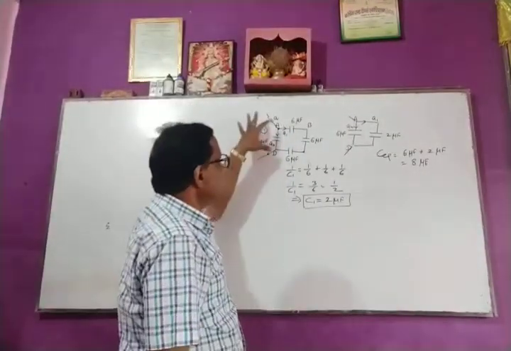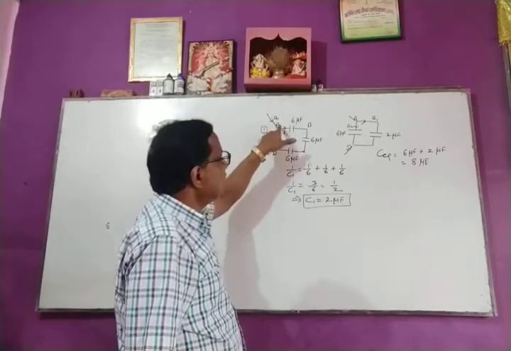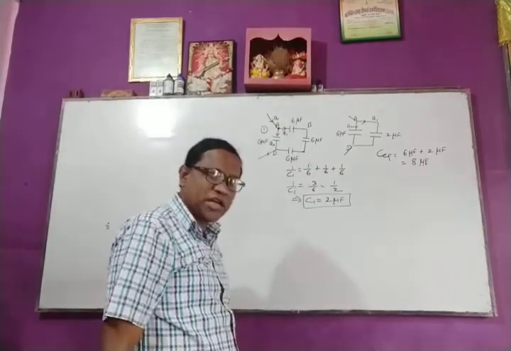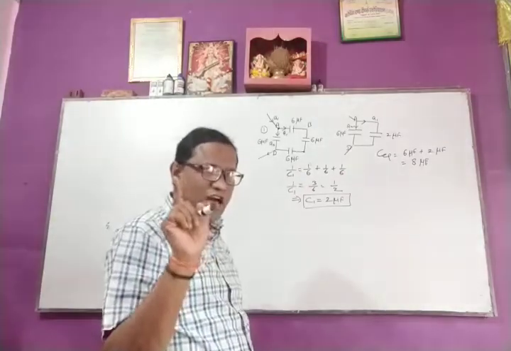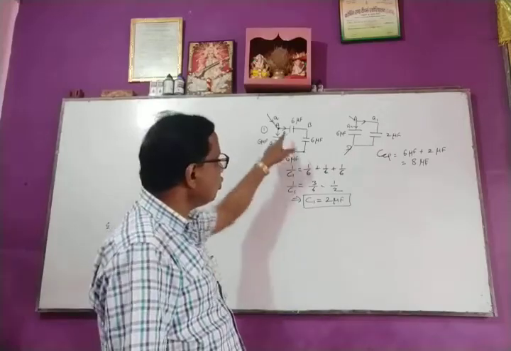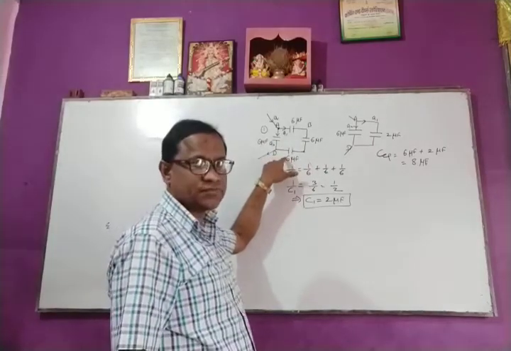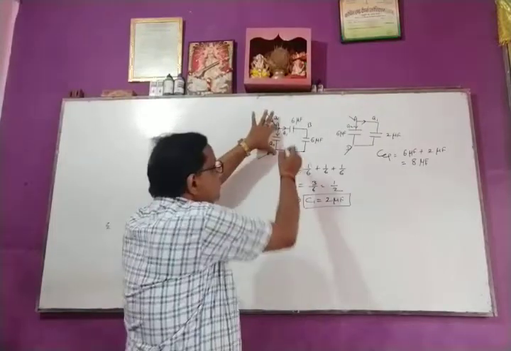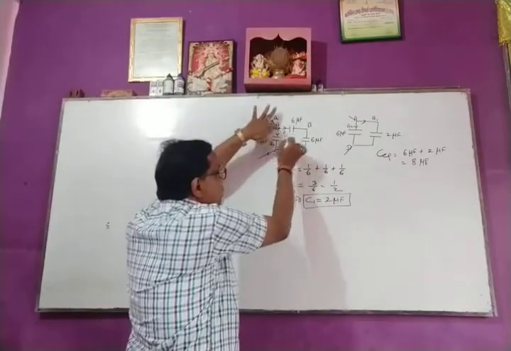Just between A and D, across these three capacitors, the same charge Q1 is flowing. So they are in series. Then at this point, charge is divided in two parts, Q1 and Q2.